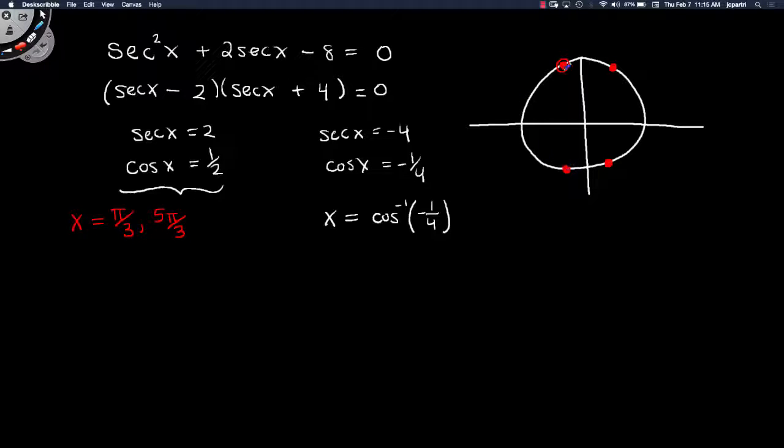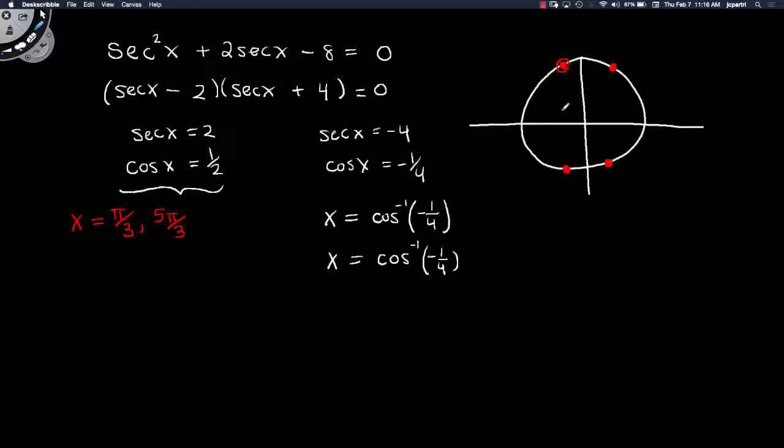So the only thing I can do to get the second solution is take this answer, cosine inverse of negative 1/4. That's a quadrant 2 angle, and I want to go to quadrant 3. Let me make sure I get this right: take it out of 2 pi.